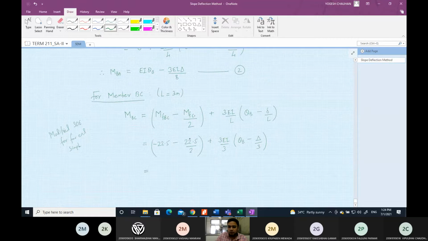So how much is this? It will be minus 33.75 plus EI theta B minus delta, and this delta will be 0 in this case.